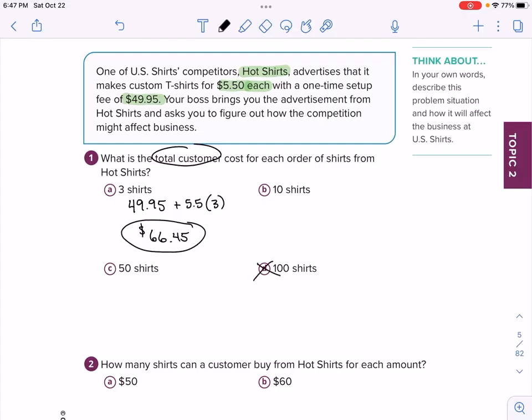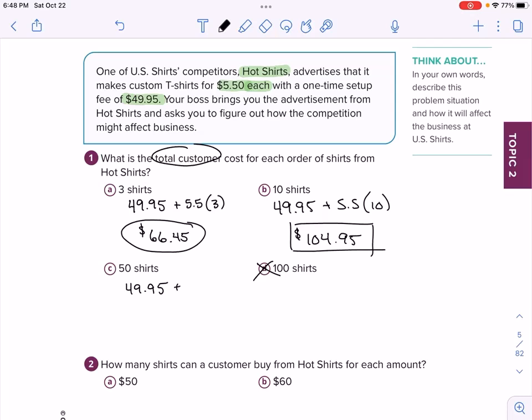We're not going to go through D, but let's go through B and C. This next one, $49.95 plus 5.5 times 10 shirts now. Multiplying by 10, this is just 55. 55 plus $49.95 is going to be over $100. It's $104.95. Okay, and 50, how do we write that?